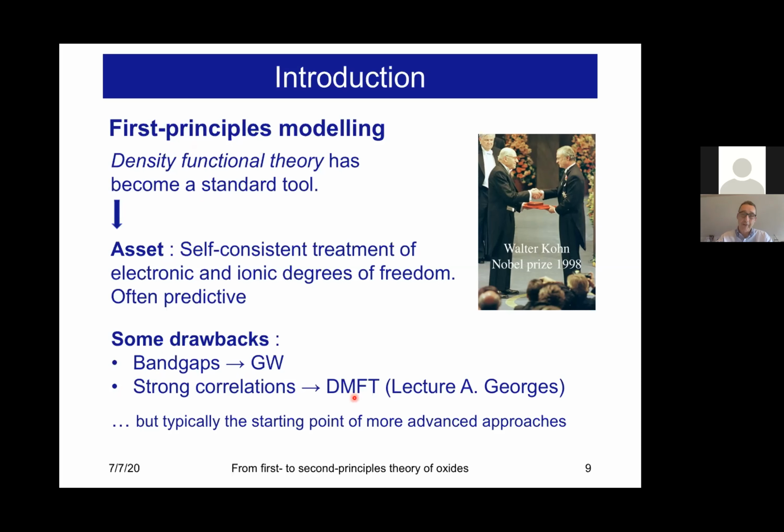And I'm referring here to the lecture of Antoine Georges that started yesterday and will continue today. But typically, DFT is a starting point for these more advanced approaches. So it's really something that is important because it's a good starting point for more advanced theory.